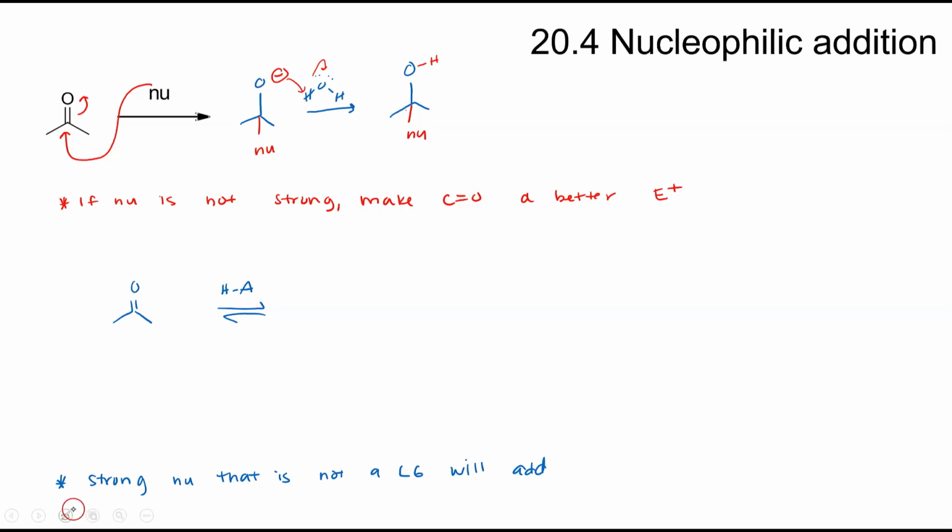So you can add acid. This will do a proton transfer. Then you add your nucleophile. And there now is your product. So by protonating, this increases the electrophilicity by 1 times 10 to the 6.